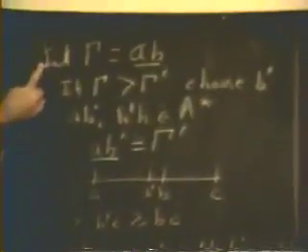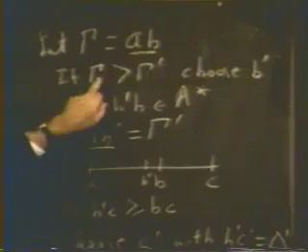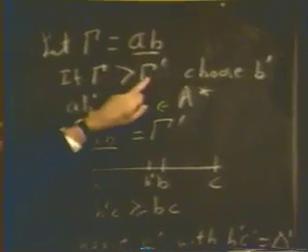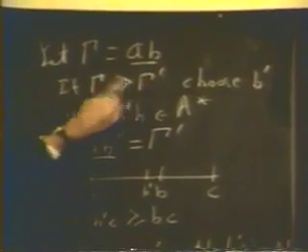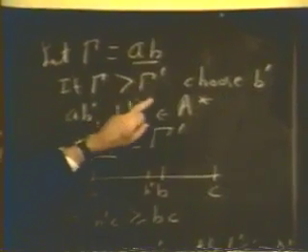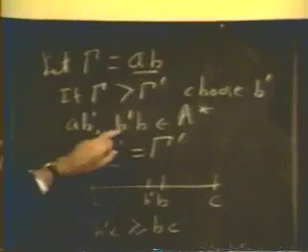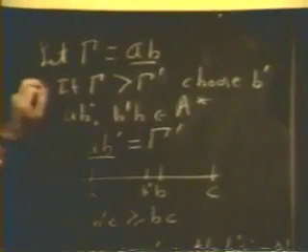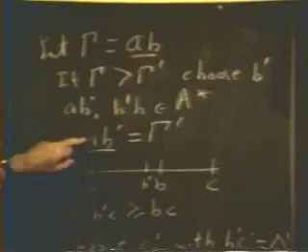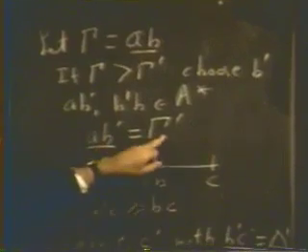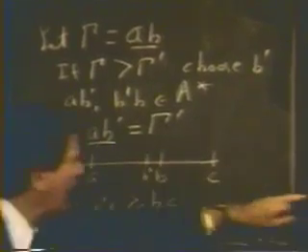Let's take the case where gamma equals AB, and where gamma is equivalent to gamma prime, there's no problem. Let's take gamma strictly greater than gamma prime. So we choose a B prime, which we can, such that AB prime, B prime B is in A starred. And AB prime is equal to gamma prime. Essentially, we're using axiom 5.